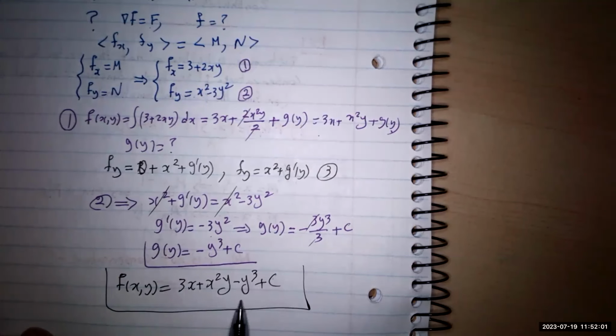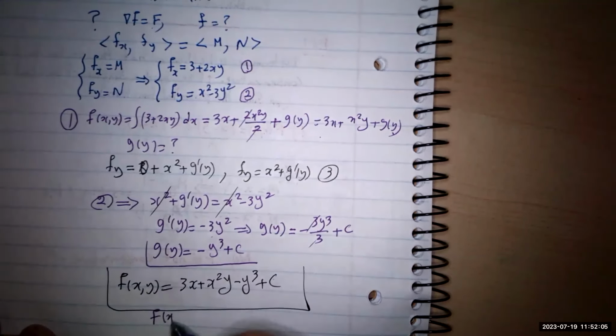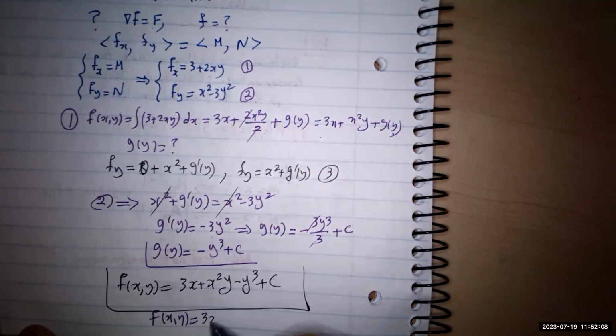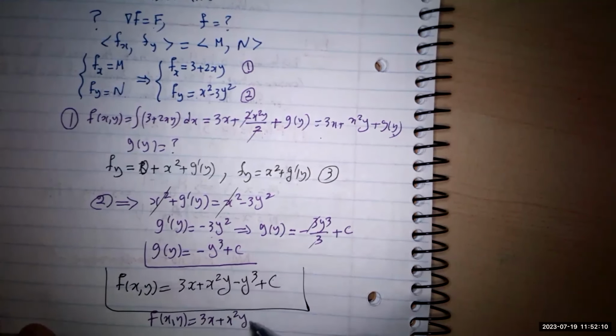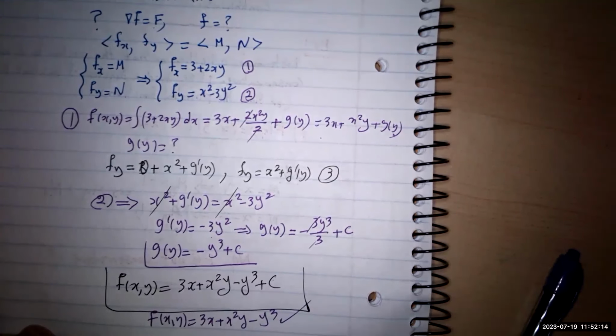So this is the potential function: f of x, y is 3x plus x squared y minus y cubed. This is a potential function for the conservative field that you start with.